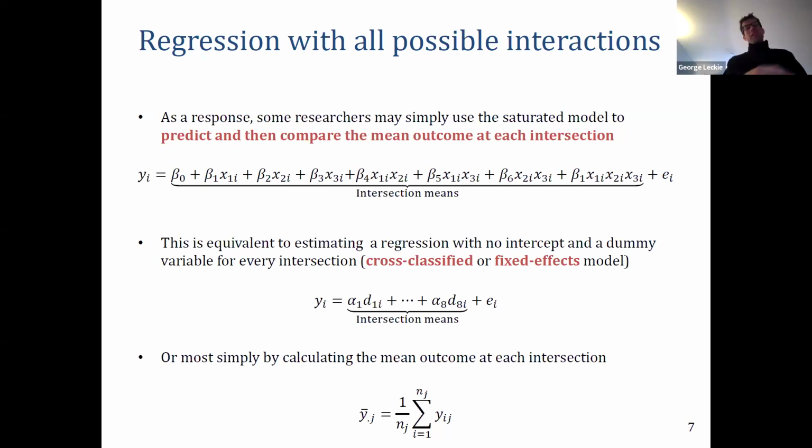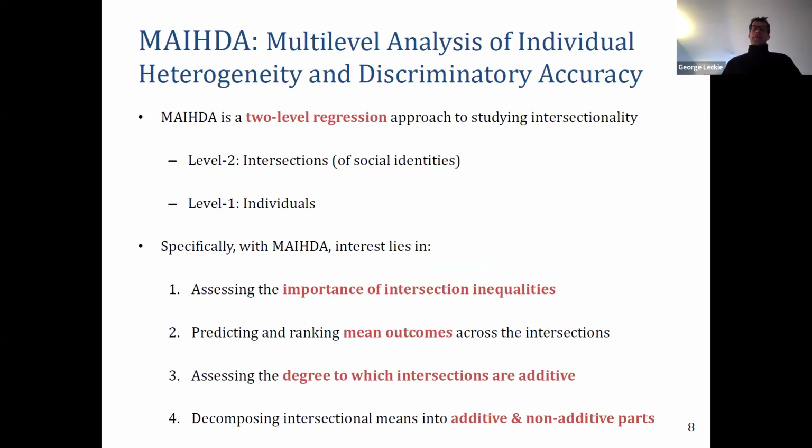So there are the classifying approaches that we've talked about so far. MAIHDA is a fancy name, it stands for multi-level analysis of individual heterogeneity and discriminatory accuracy, the world's longest acronym. But it's really just an application of two-level multi-level modeling, a two-level linear regression.